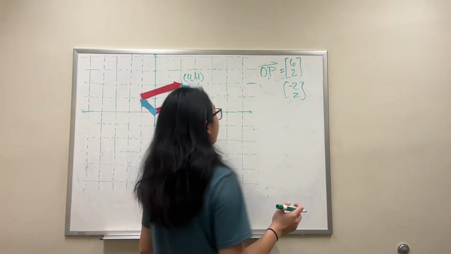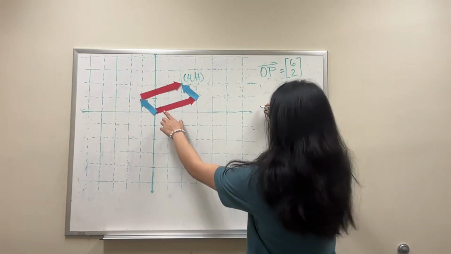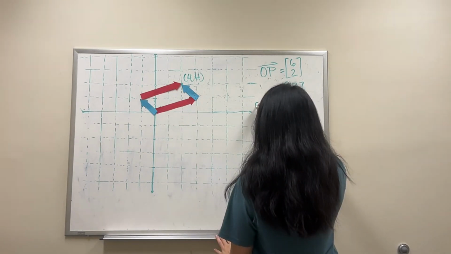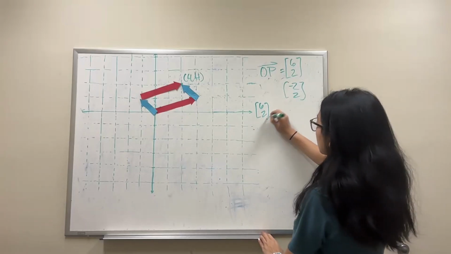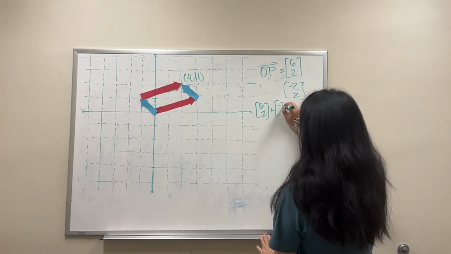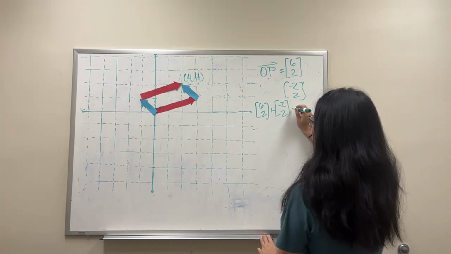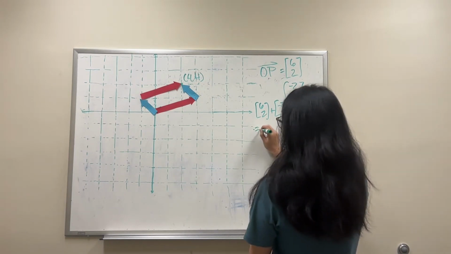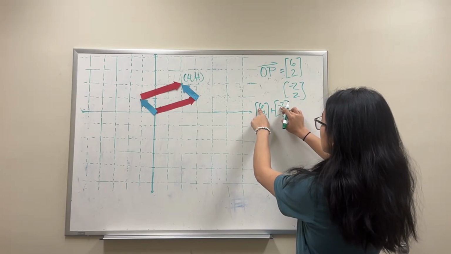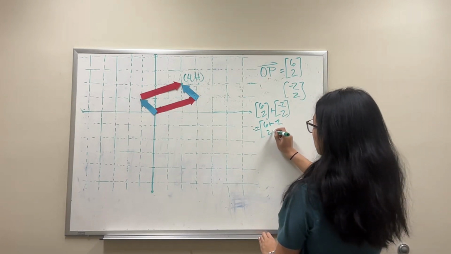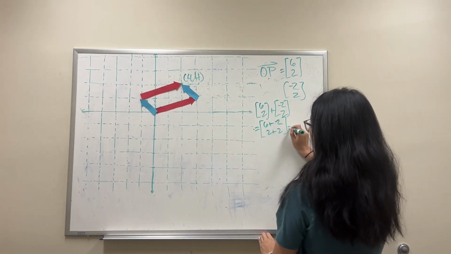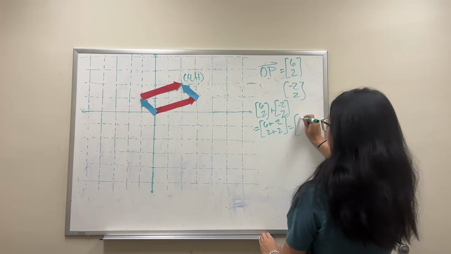And mathematically, we can show this by just adding their components. We have the first vector with the components 6, 2, and we can add that with the second vector, negative 2, 2. And then you can bring these into one vector and do the math inside one vector, 6 plus negative 2, and 2 plus 2. And that just works like regular addition.